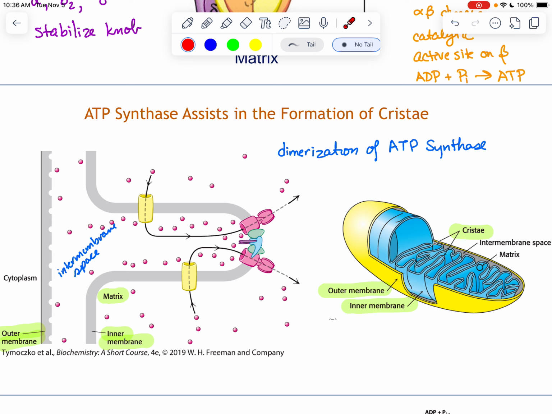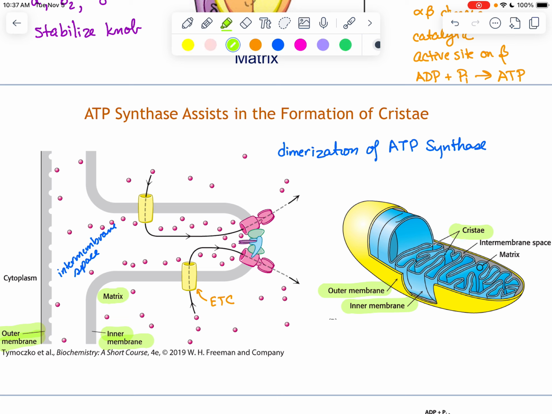And if we look at why that's important, what is shown in yellow here is our electron transport chain. So we know our electron transport chain is helping us set up that proton gradient.